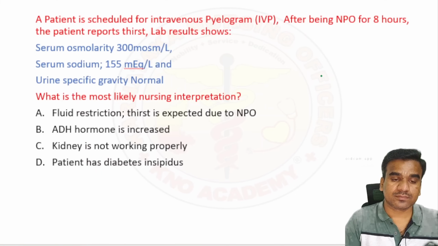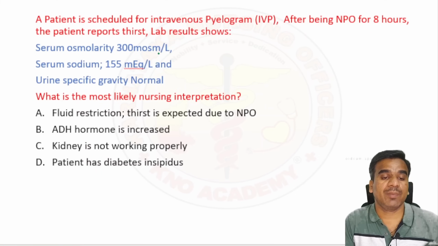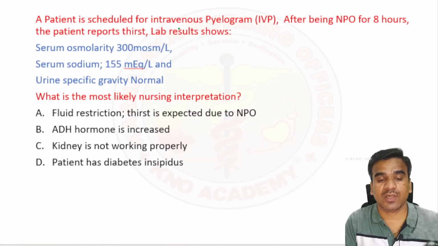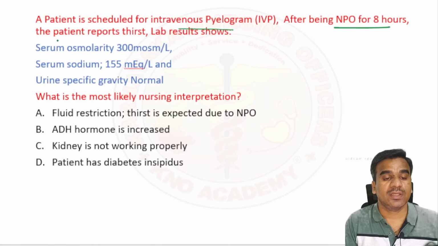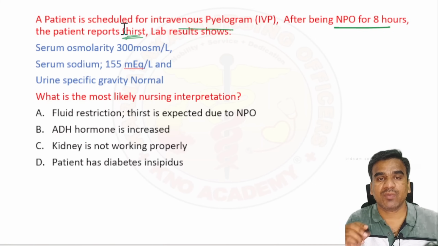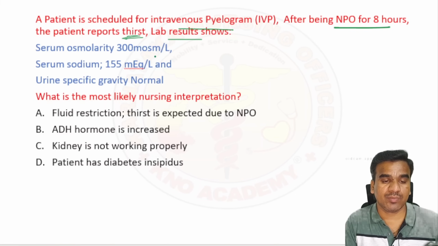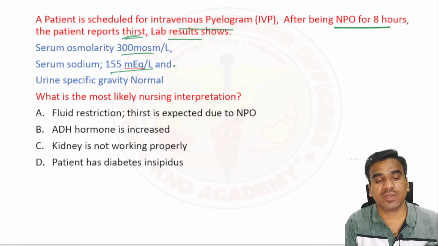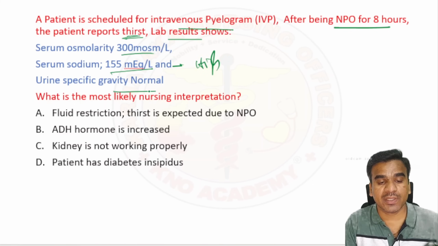Next, a patient is scheduled for an intravenous pyelogram (IVP). After being NPO for 8 hours, the patient reports thirst, meaning he wants water. The lab report shows serum osmolarity is 300, which is normal, and serum sodium is 155 milliequivalents, which is high, but the urine specific gravity is normal.